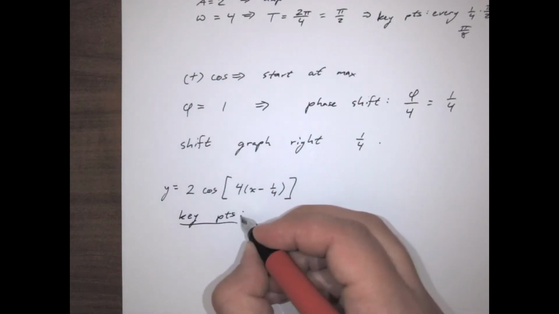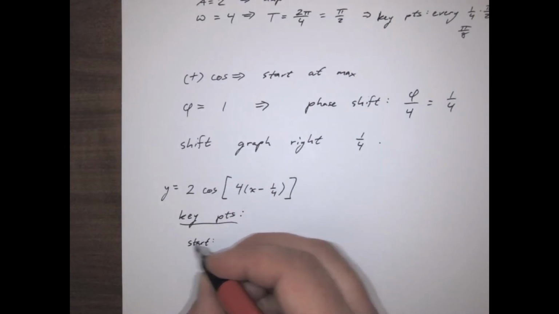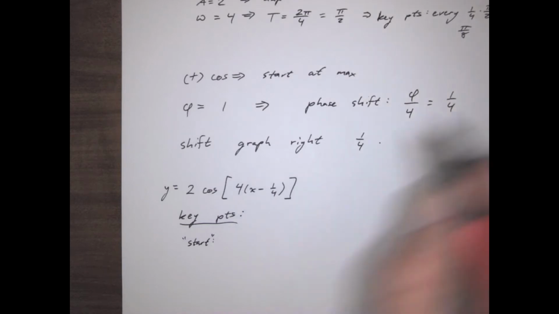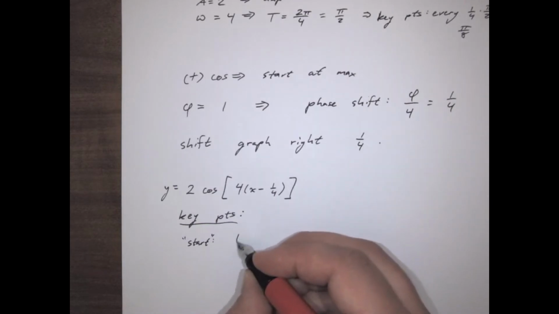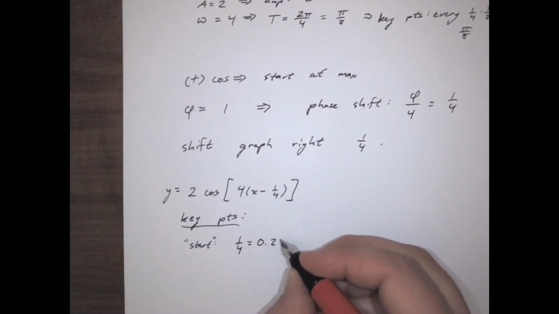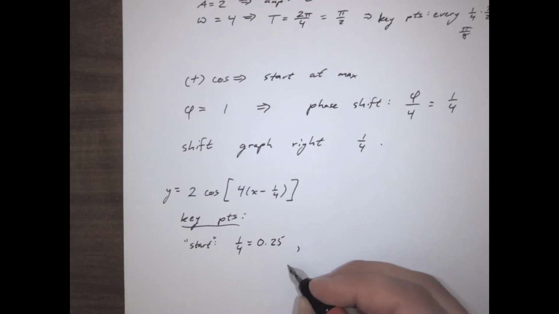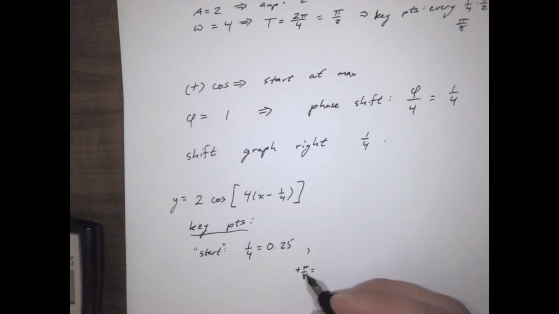So the key points are going to start at 1/4, which I'm just going to write as 0.25. And then for the next one, each time we're going to be adding pi over 8. Now it's going to be pi over 8 plus 1/4. Since one of them has a pi and one of them doesn't, it doesn't really make a whole lot of sense to try to write it precisely.